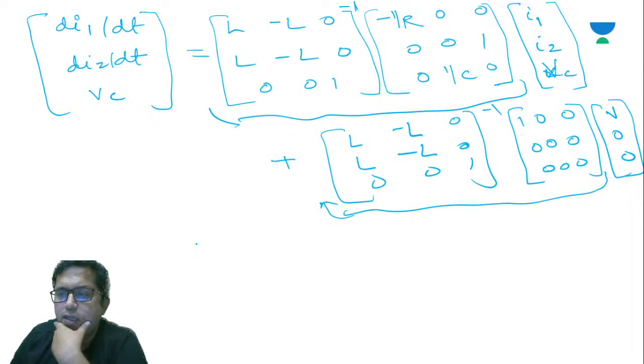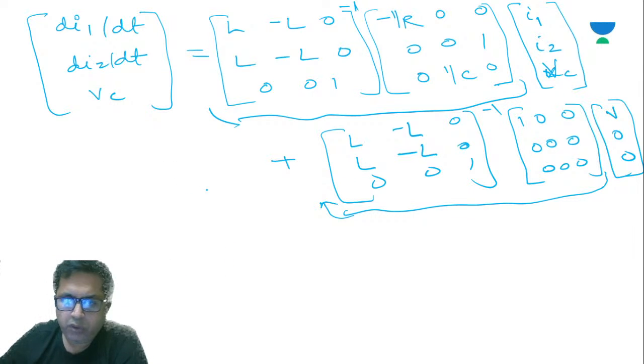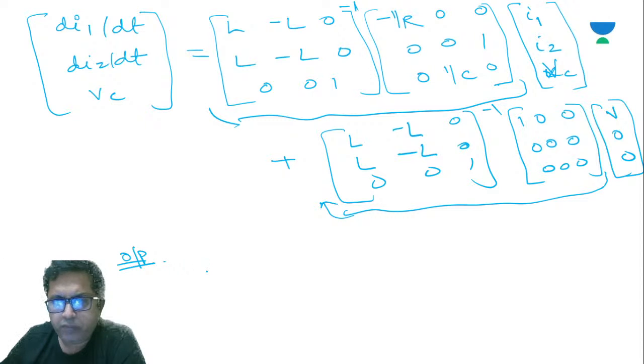So let us see how we can do it. After finding the state equation, we need the output equation also. This is the state equation. What is the output equation?